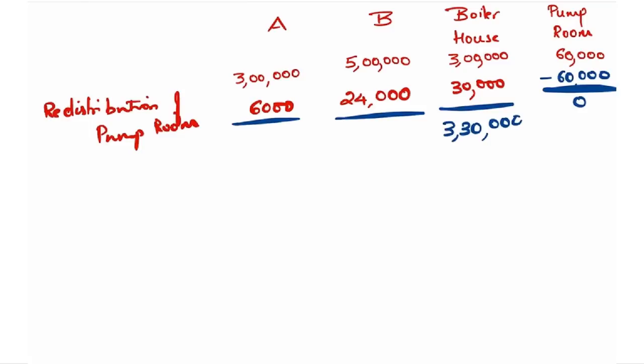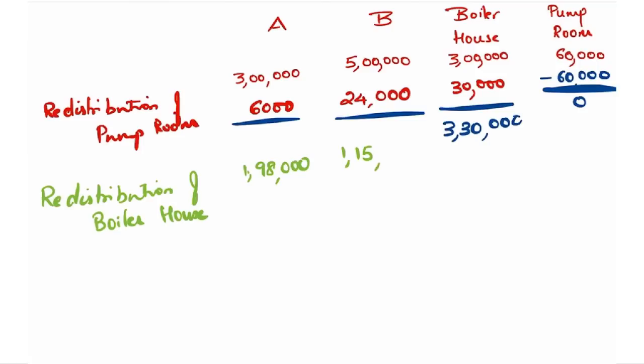Then the next one is, 35% has to be given to B, so 3,30,000 into 35%, that will be 1,15,500. Then 5% to the pump room, that will be 3,30,000 into 5%, which will come to 16,500.